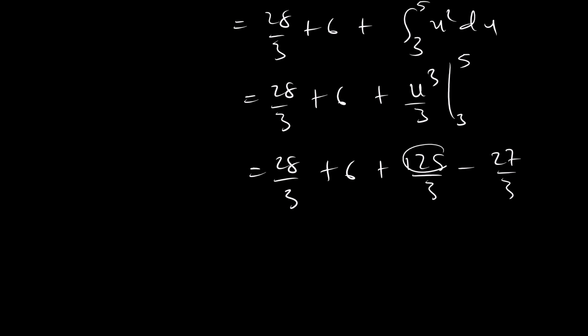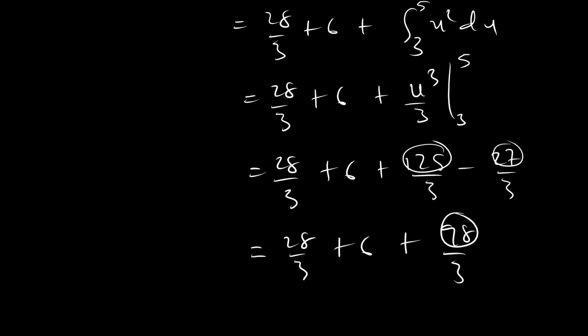So 125 minus 27 is 98, and so we have 28 over 3 plus 6 plus 98 over 3. 98 plus 28 is going to be equal to 126.